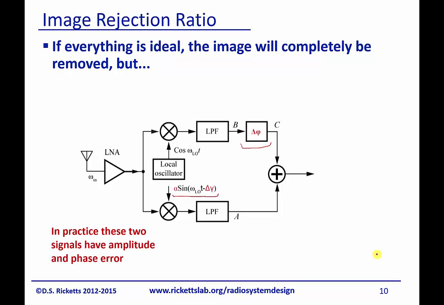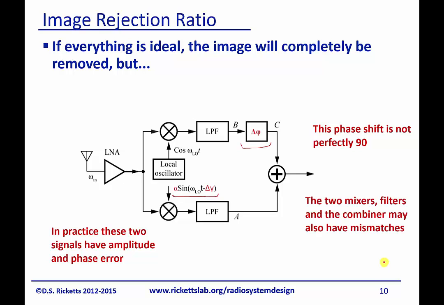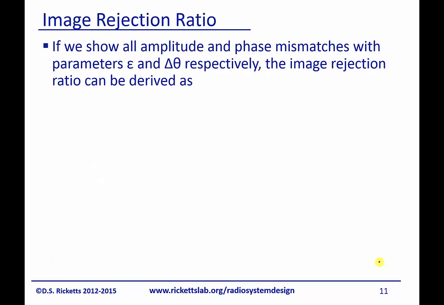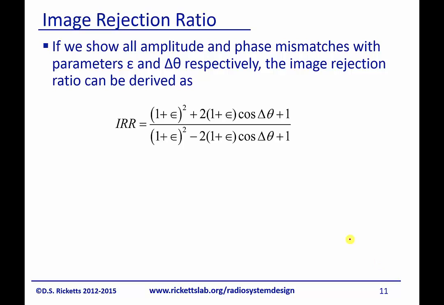So in practice, the two signals will have a different amplitude and phase error, the two LOs. The phase shift's not perfectly 90. And the two mixers, filters, and the combiner may also have mismatches here. So we've got a highly complex system that is going to have errors in several different places. So if we show all of the amplitude and phase mismatches with the parameters epsilon and delta theta respectively, we can actually write the image rejection ratio as the following.